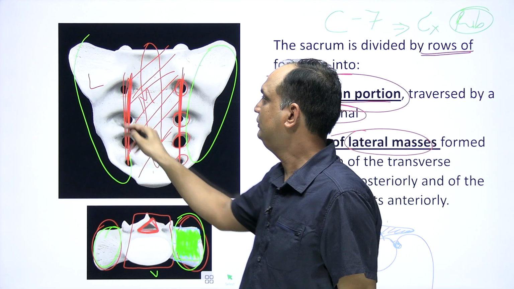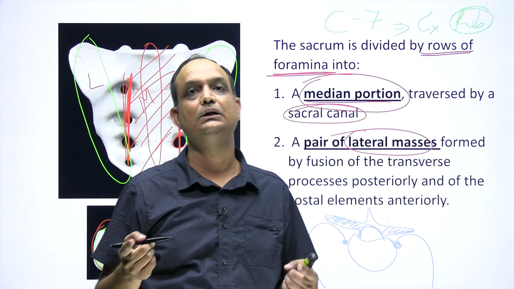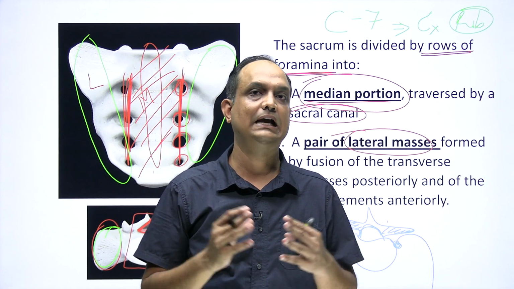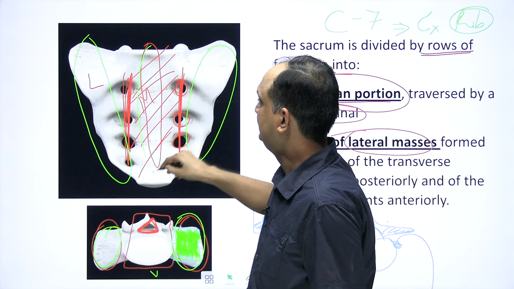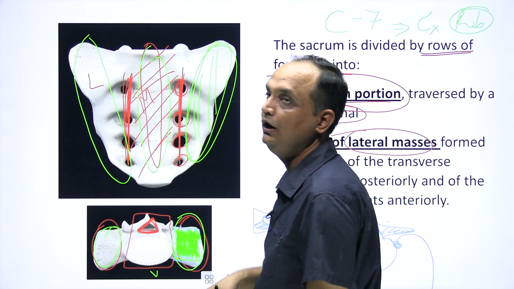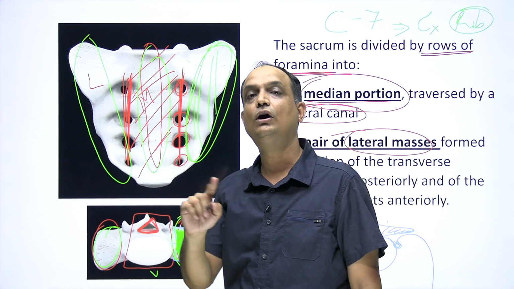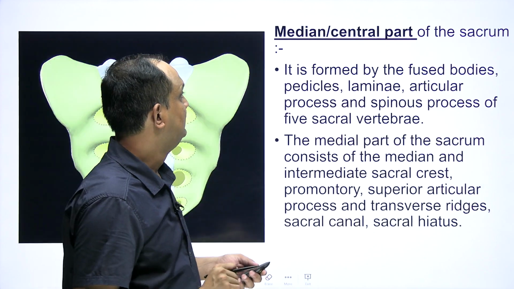Clear? So when you are reading the sacrum, you are talking about the fusion of 5 sacral vertebrae, and along with the bodies, the transverse processes are also fusing with each other along with the costal elements of those respective sacral vertebrae.